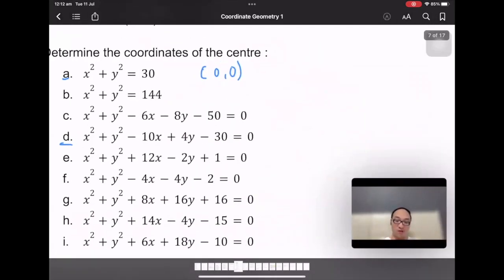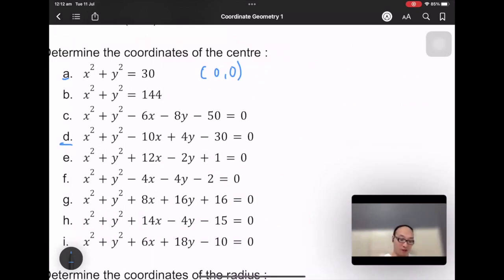So that means we have A and B. So the center is A, -10 over -2 and 4 over -2 equals to 5, -2.